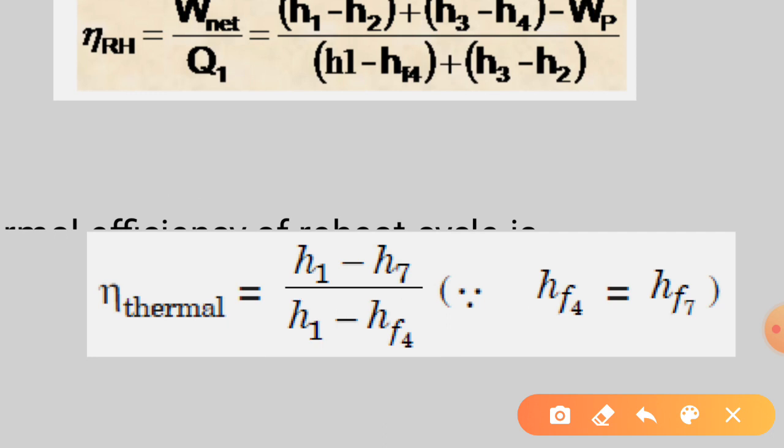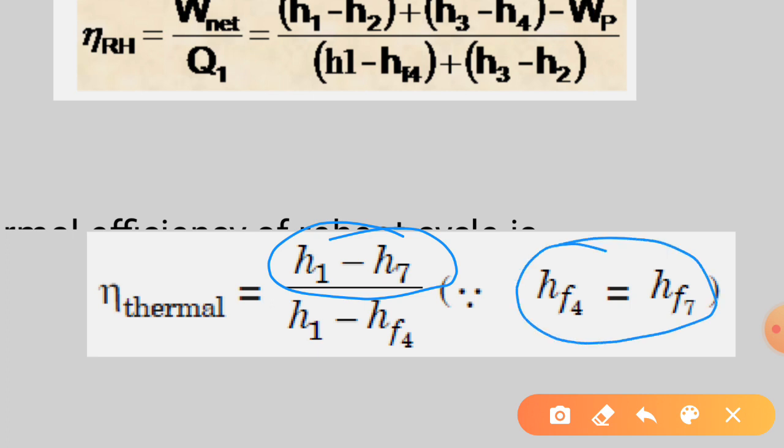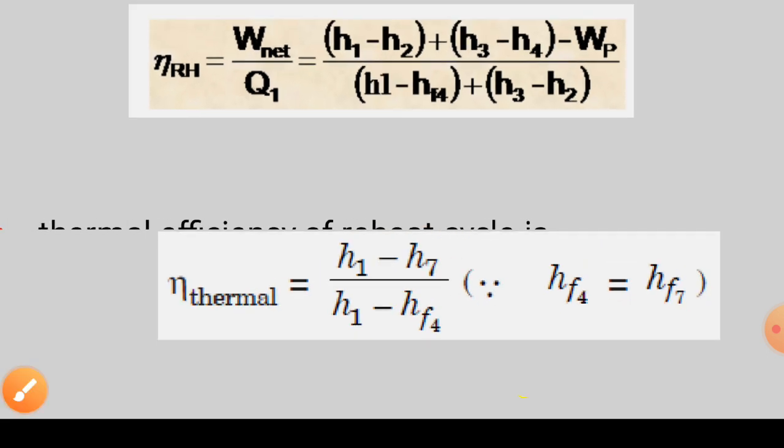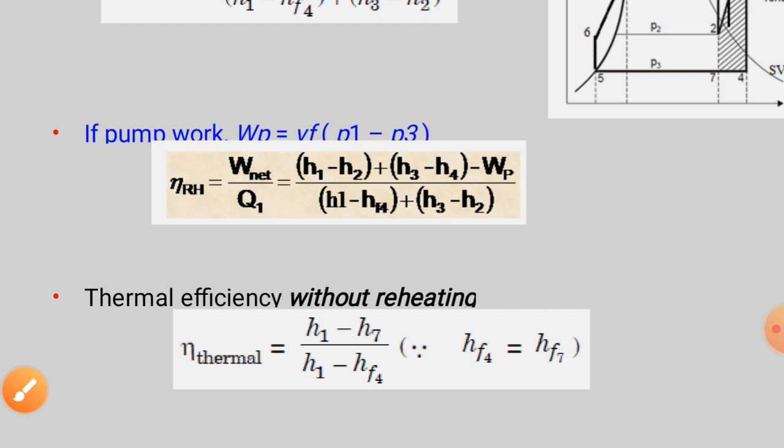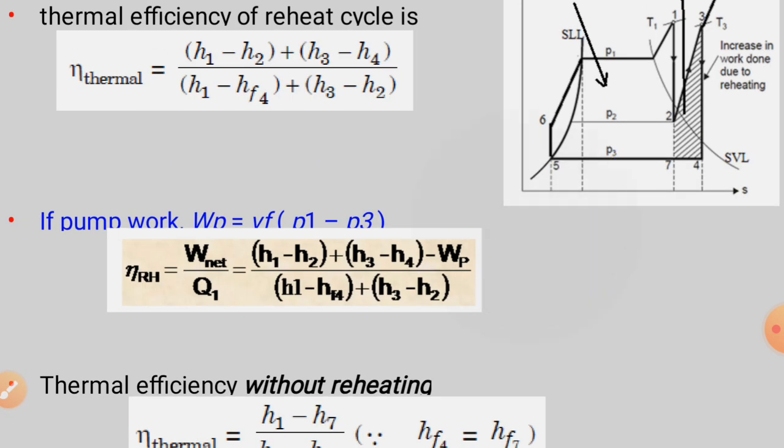So here then again the net work is H1 minus H7, because HF4 is equal to HF7. So H1 minus H7, let us understand from the TS diagram.